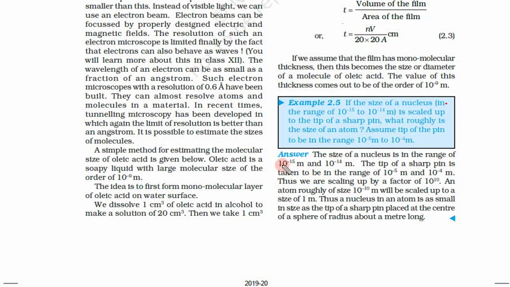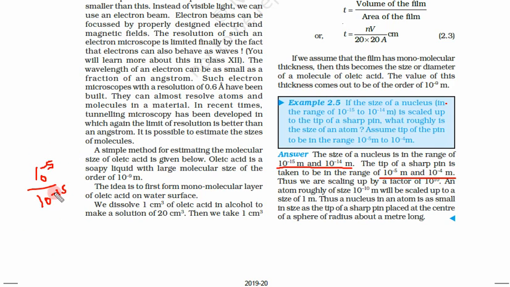The size of the nucleus is 10 to the power minus 15 to 10 to the power minus 14 meter. And the tip given is 10 to the power minus 5 to 10 to the power minus 4. So what are we doing? Let us divide first by first. So 10 to the power minus 5 divided by 10 to the power minus 15.